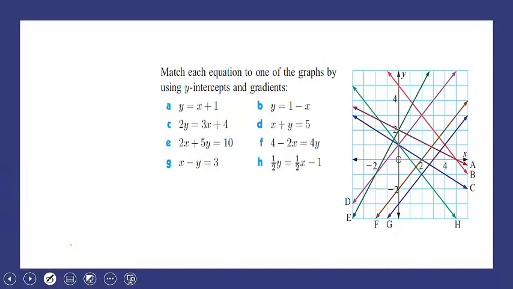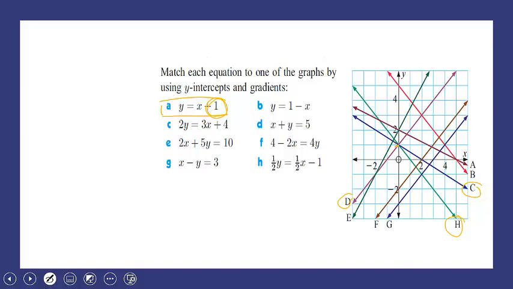The first thing I'm looking at is question 1. Y equals x plus 1. So I first look at my y-intercept, and that's plus 1. And I see that I've got H that goes through plus 1, I've got C that goes through plus 1, and I've got D that goes through plus 1.